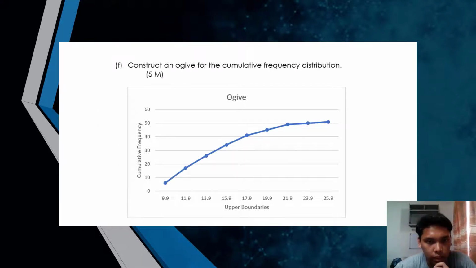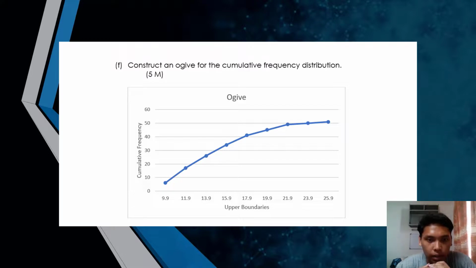Okay, next, question F, construct an OGIF for the cumulative frequency distribution. Okay, OGIF diagram is exactly the same like the histogram, but the difference is for y-axis, for OGIF, it should be cumulative frequency, and for x-axis, it is upper boundaries.